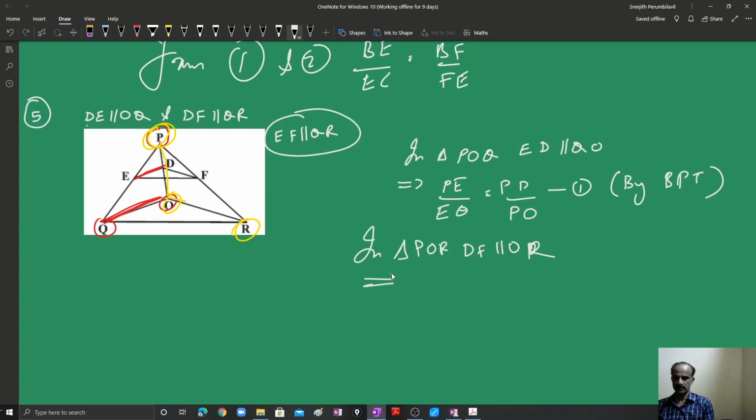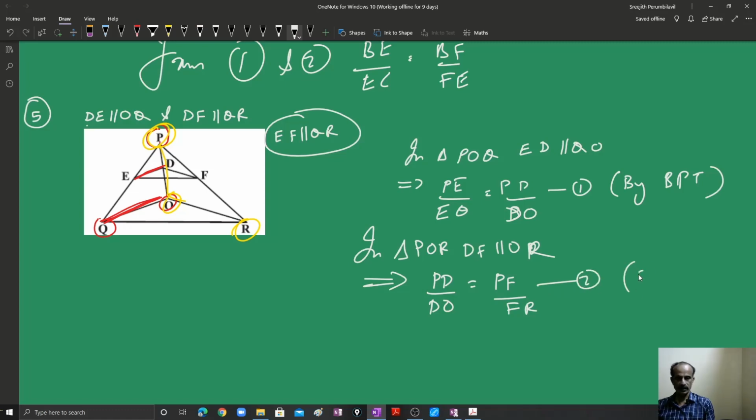What does that imply? This implies that PD by DO is equal to PF by FR.